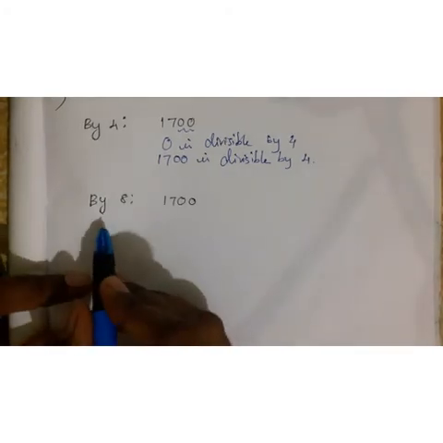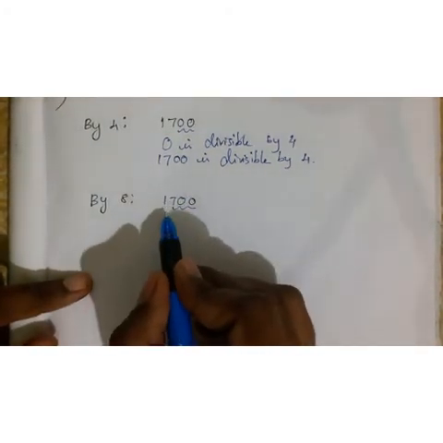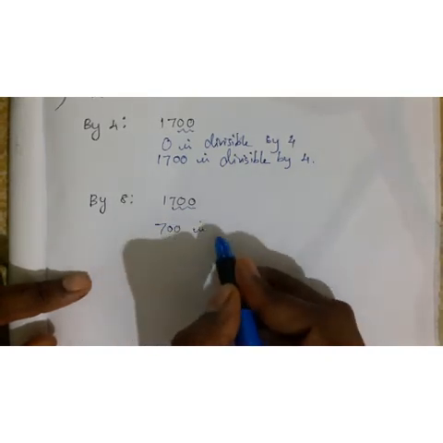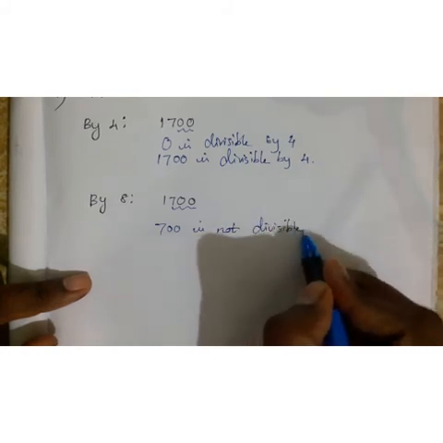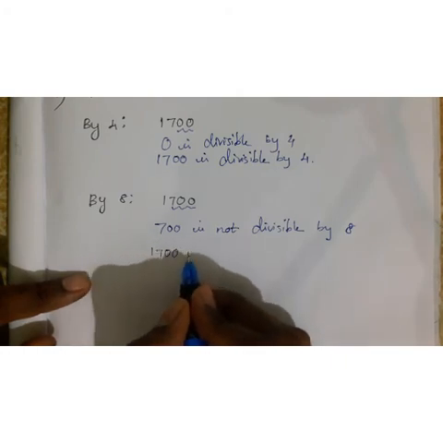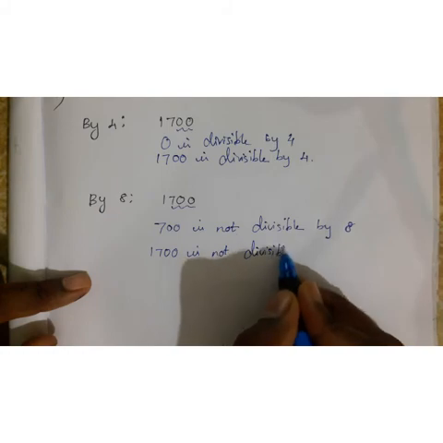Divisibility test for 8. If the last three digits are divisible by 8, then the number is divisible by 8. Here 700 is not divisible by 8. Therefore, 1700 is not divisible by 8.